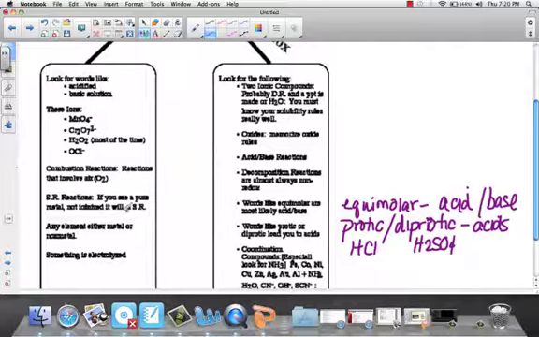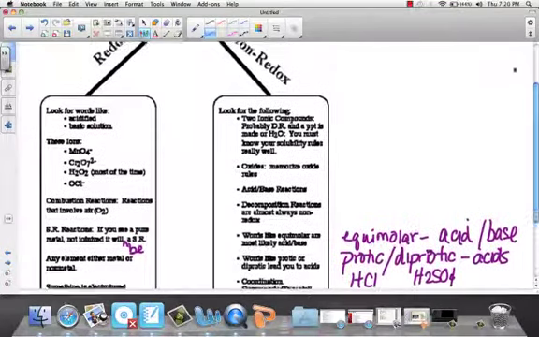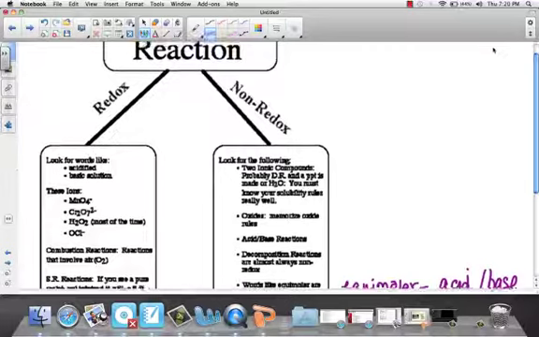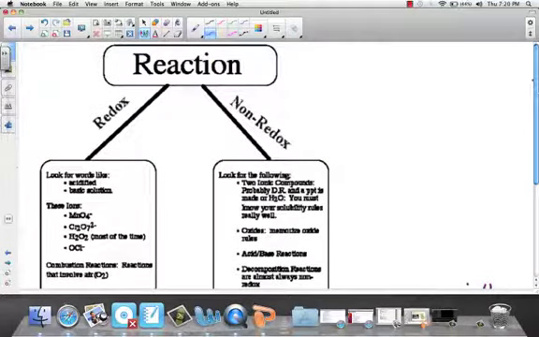Any element, either metal or non-metal, or if something is electrolyzed. So these are two paths, and it just goes to show you how many reactions there really are, but it may also help you in determining how to handle them.